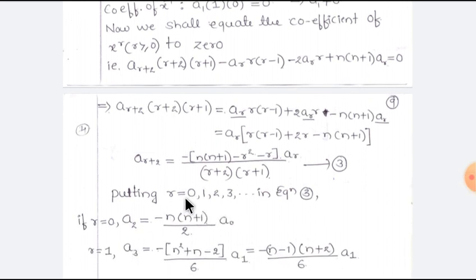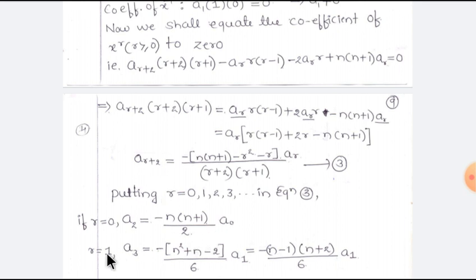If r is equal to 0, r starts from 0, 1, 2, 3. In equation 3, if r is equal to 0, we got the a2 value. Already we have calculated the a0 and a1 values: a0 is not equal to 0 and a1 is also not equal to 0. If r is 0, the a2 value becomes, in equation 3 substituting r is equal to 0, minus n into n plus 1 whole divided by 2 into a0.